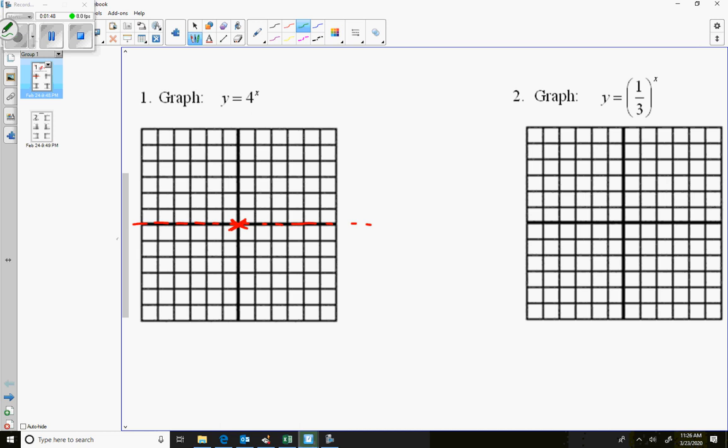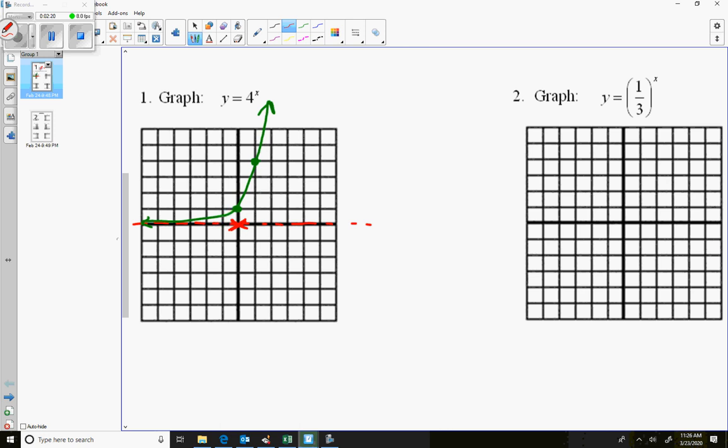Since the base is 4, which is bigger than 1, I know it's going to be an exponential growth function. So we start with the point 0, 1, and then now with the base of 4, it's going to be 1, 4, counting from the x. The next one would be 2, 16, which is way off the graph, so these are all the points I need. This comes out this way, we're chasing that asymptote, and that is that graph.